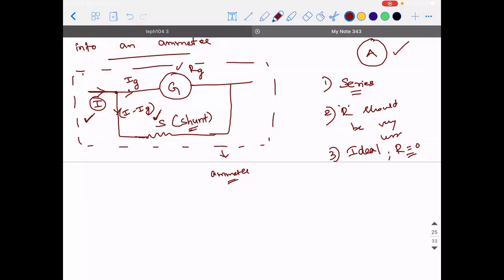So keeping all these logics and ideas in mind, the whole conclusion of the story is, across the galvanometer, you need to connect a shunt resistance of very low value so that you ensure maximum current is flowing through the shunt resistance and minimum current is flowing through the galvanometer.